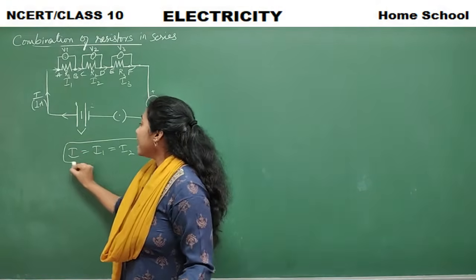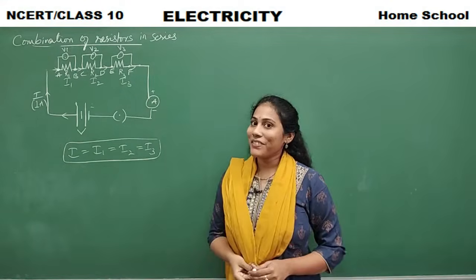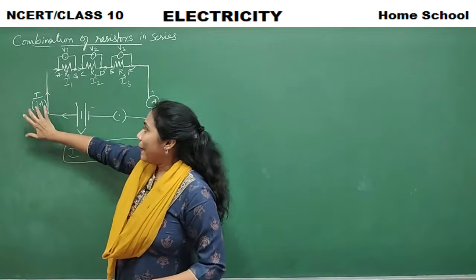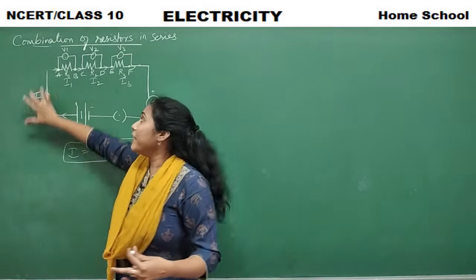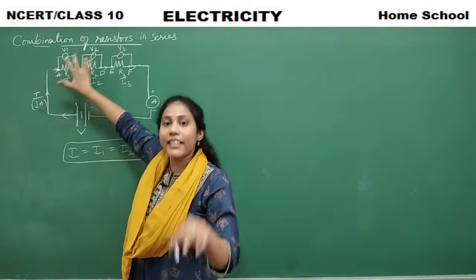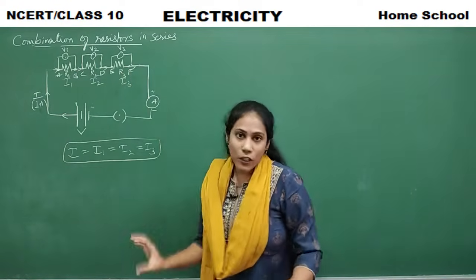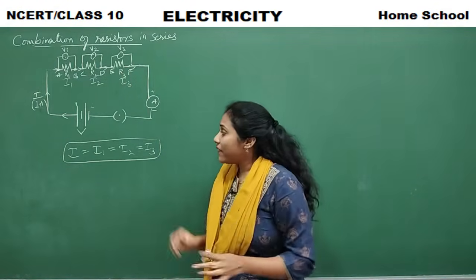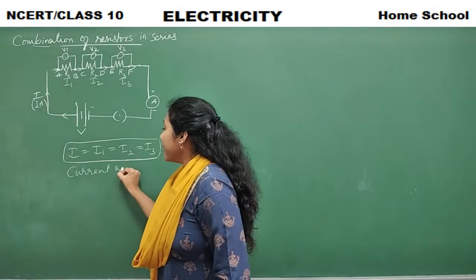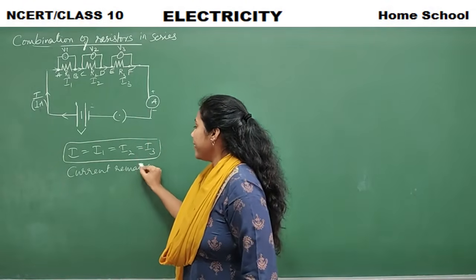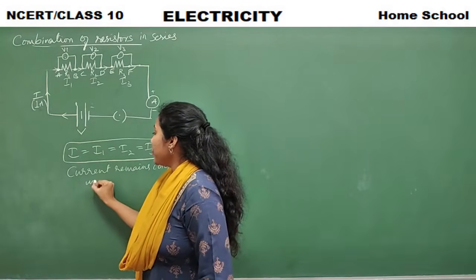That means the current remains constant throughout the circuit. See, if 1 ampere of current is generated, this 1 ampere will flow through R1, it will flow through R2 also, and it will flow through R3 also. That's why we say current remains constant. Current value will never change in a circuit.